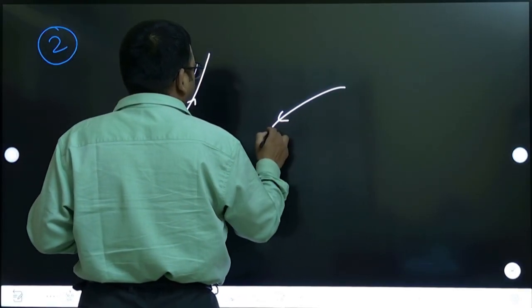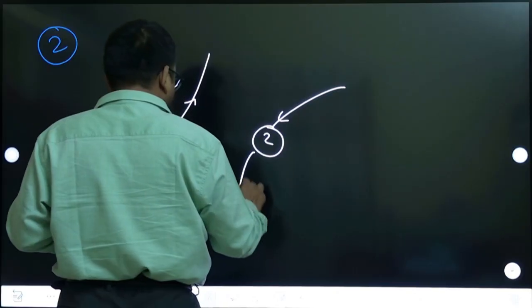Question number 2. Let us take the second question. The second question says that some paths are given. One particle is going this way, and for particle 2, the second particle is going this way.